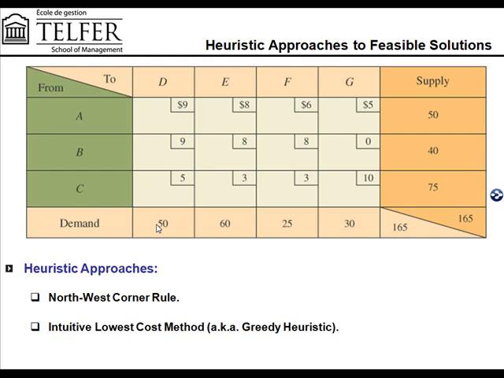Similarly, at the bottom of every column, you're also given the demand or the requirements for those demand points. So 50, 60, 25, and 30 units are required at demand points D, E, F, and G. In this particular problem, if you notice, our total demand is equal to total supply. And this is an example of a balanced transportation problem where the demand is equal to the supply.